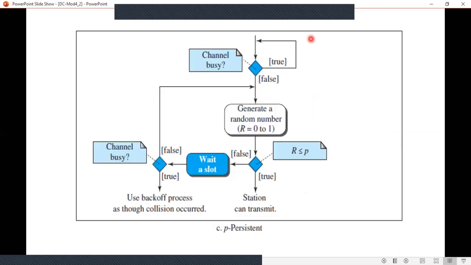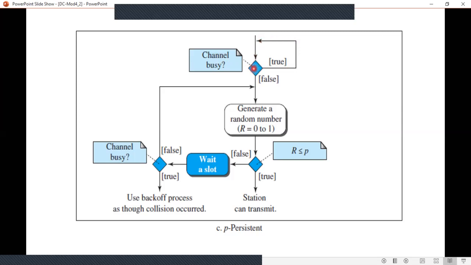The flow diagram for the same is given here. First it checks if the channel is busy or not. This is sensing continuously, and if it is busy, it will go on sensing again and again until it finds an idle channel.